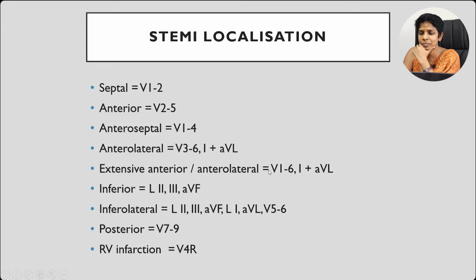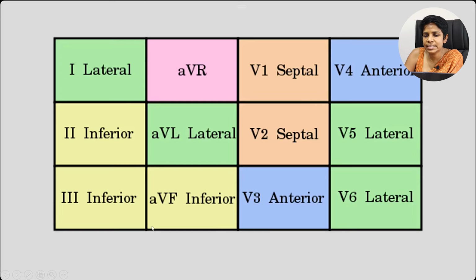If it's starting from V1 and goes up to AVL, it is extensive anterior STEMI. If it involves leads 2, 3, AVF, it is inferior STEMI. And if it involves in addition L1, AVL and V5-6, it is named inferolateral STEMI. There are also posterior STEMI and RV infarction, which I will describe later. That's why this table is important to detect the area of involvement.